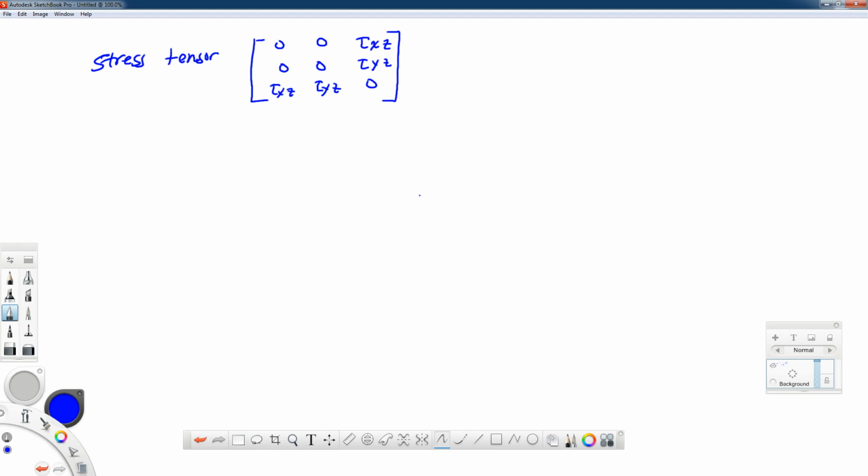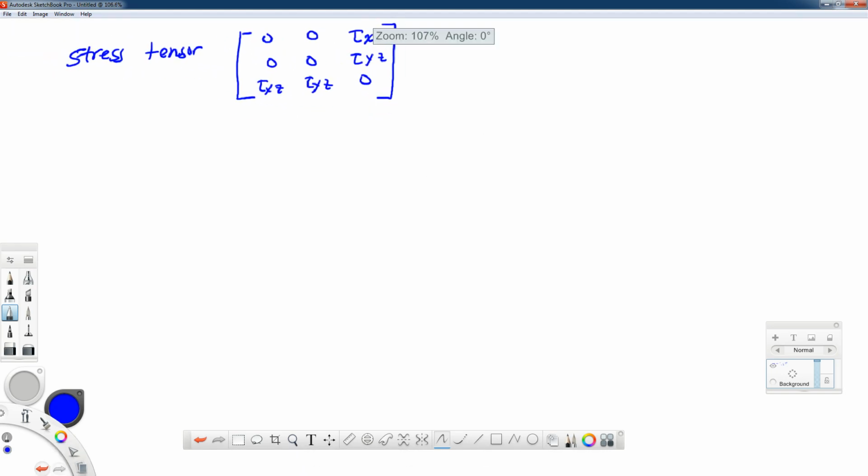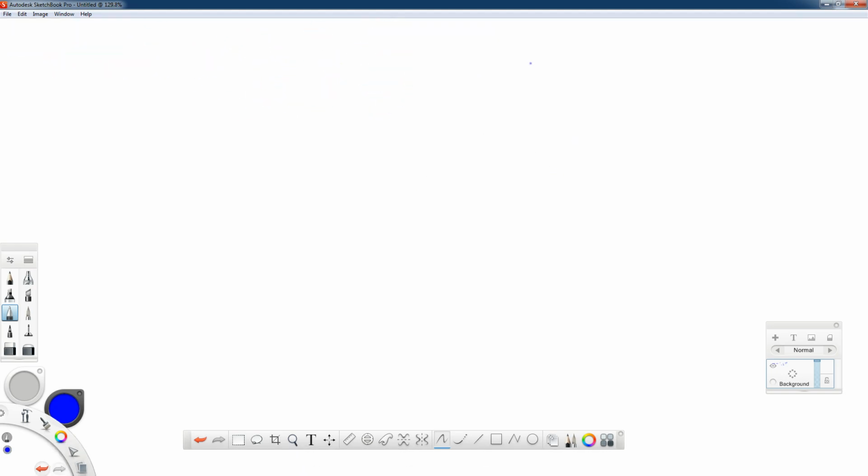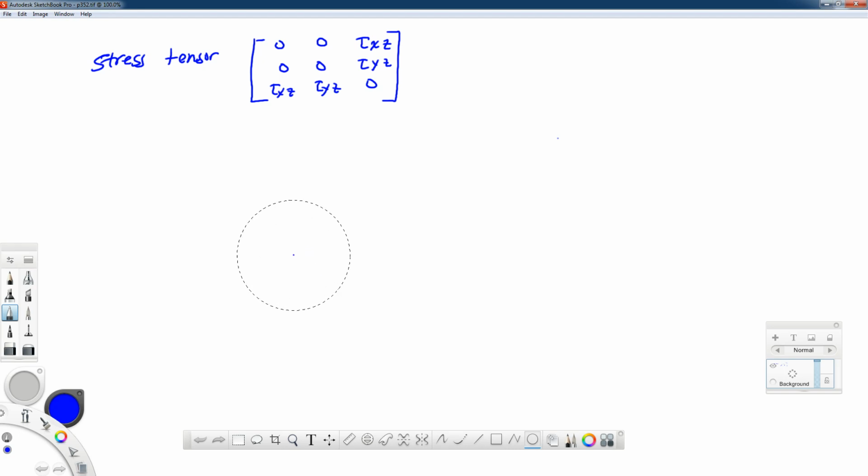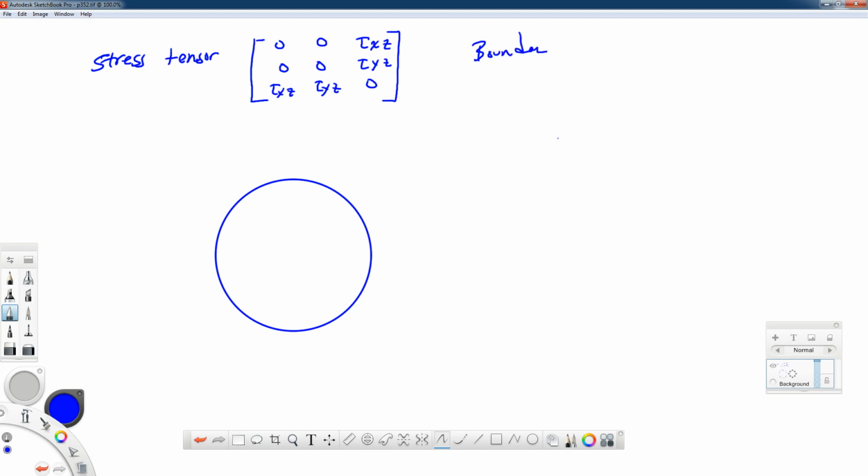Let's take a look at our boundary conditions. And for that, I'm going to use the circle tool. Here's the center of our bar.